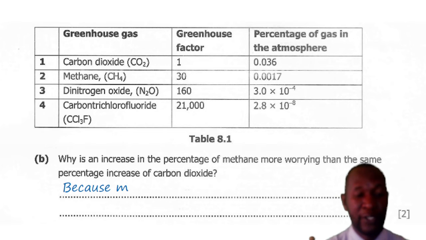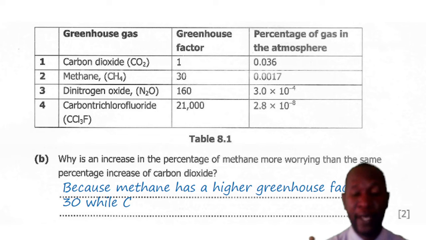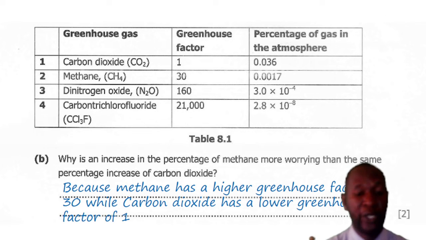The reason is that methane has a higher greenhouse factor of 30, while carbon dioxide has a lower greenhouse factor of 1. So when you increase methane, you are increasing its factor as well. That's why methane will be more worrisome.